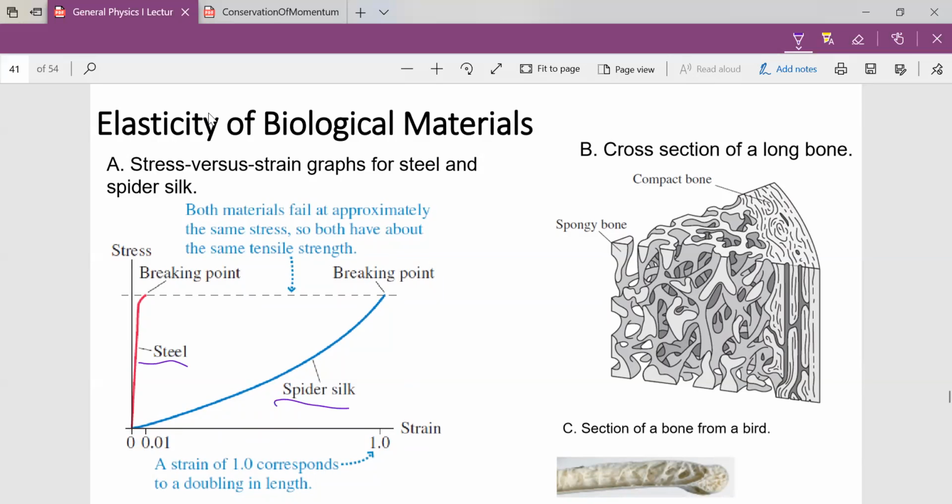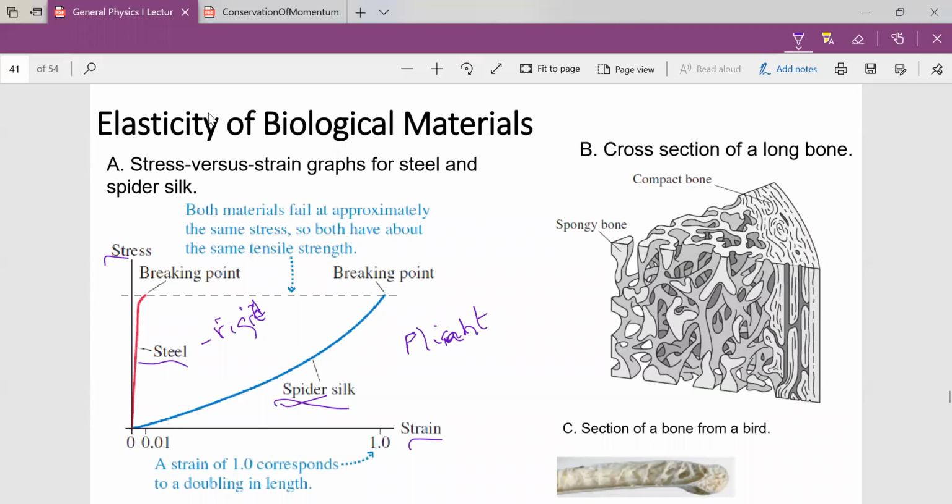If you have steel and a spider silk, and you apply the same amount of stress or force on them, when you make the plots of the stress to strain, you notice that the spider silk is more visible, telling you it's a pliable kind of material, while steel is a rigid material.